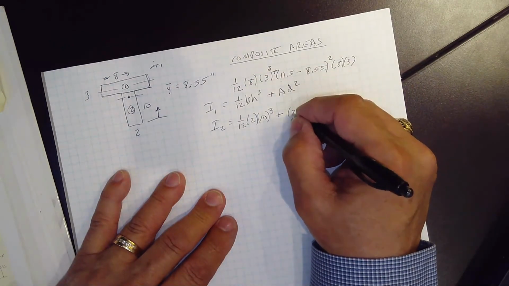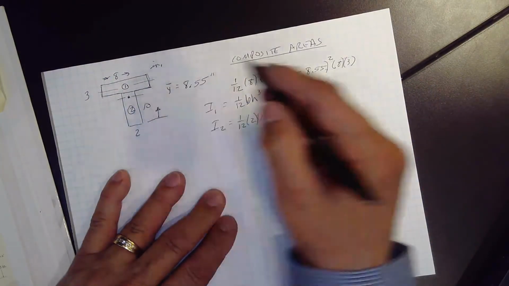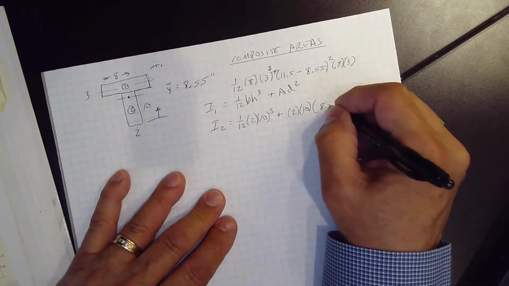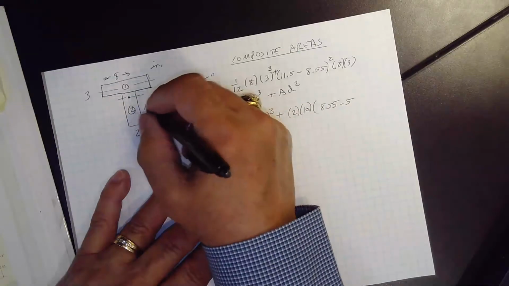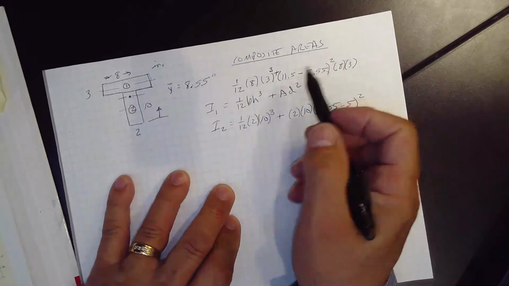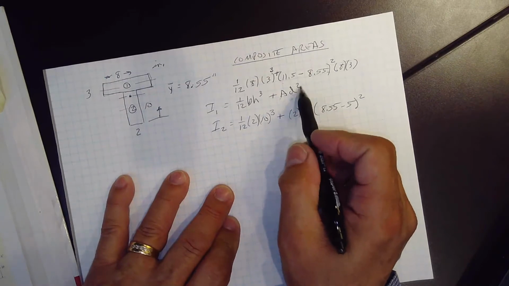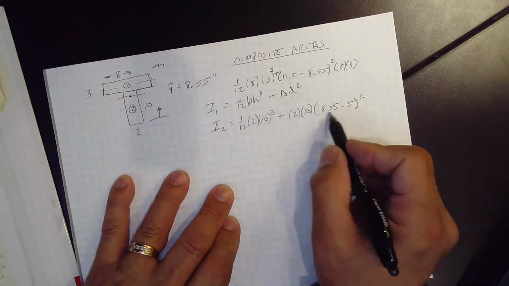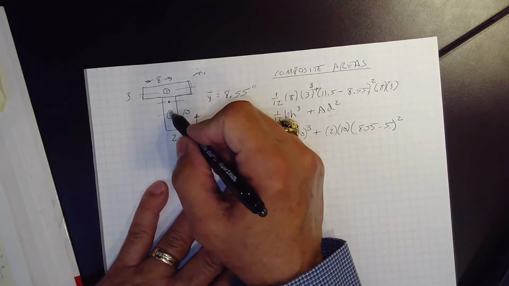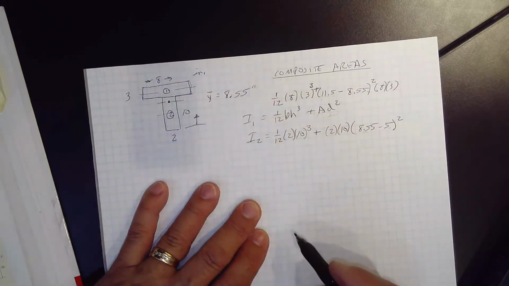The area is 2 times 10, and d squared is actually 8.55 minus 5, because the centroid of that one is down in here, squared. Something to remember: this is always a positive term, unless area is negative. But d squared is always positive, so it doesn't matter which order you put these in. We're just looking for the net difference between the centroid of the element that we're adding and the centroid of the total composite area.